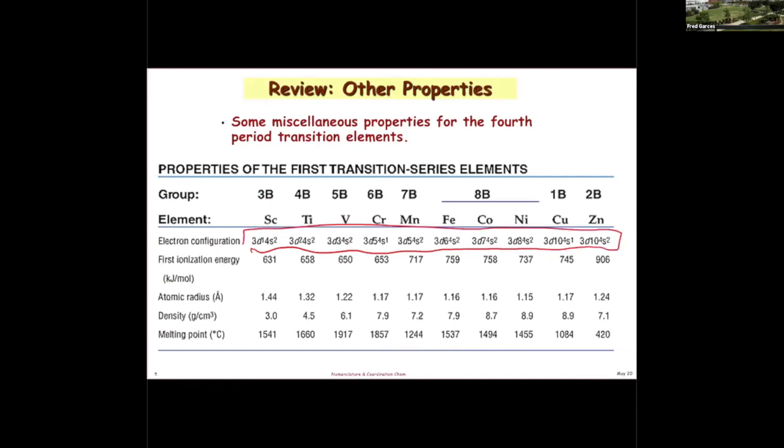The reason this is important is because when electrons are removed from transition metals, they always come from the electrons that extend furthest away.